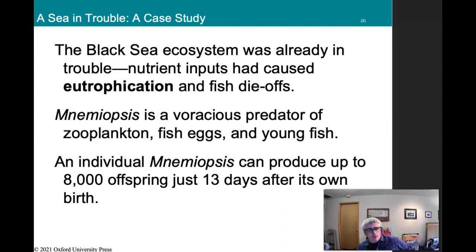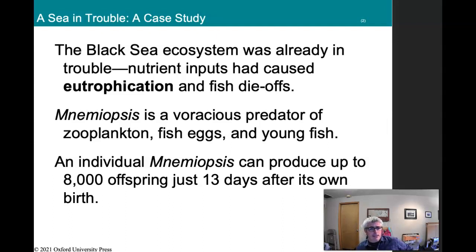Now, the Black Sea is already in trouble. It doesn't flush very well, so it doesn't get a lot of new water brought in, and that lack of circulation and flushing has resulted in eutrophication, the addition of nutrients, typically via agricultural runoff, or any sort of development, which generally leads to an increase of nutrients in freshwater systems that ultimately run into marine systems.